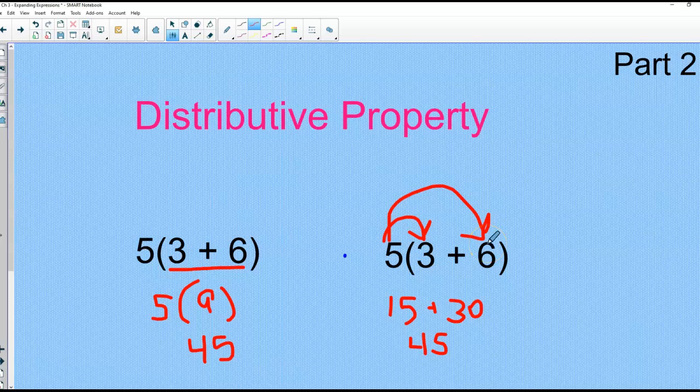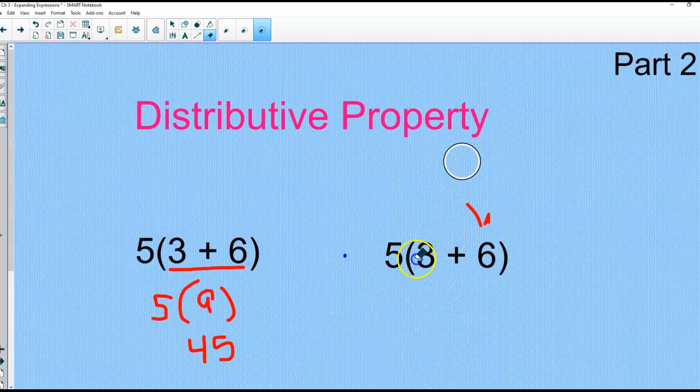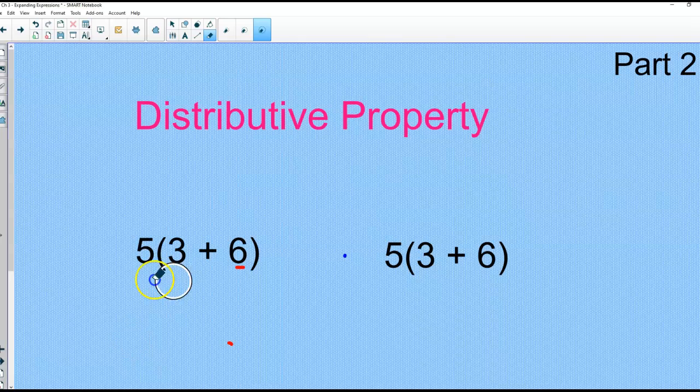So you are distributing, handing out, or giving this 5 to everything on the inside of the parentheses. Okay? If this was negatives, we did this the exact same way. So let me just change this for a quick second. Let's make this 5 on the outside a negative. So it's a negative 5, right? So negative 5 times 3 is negative 15.